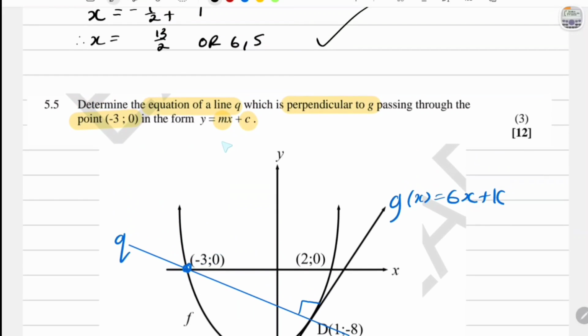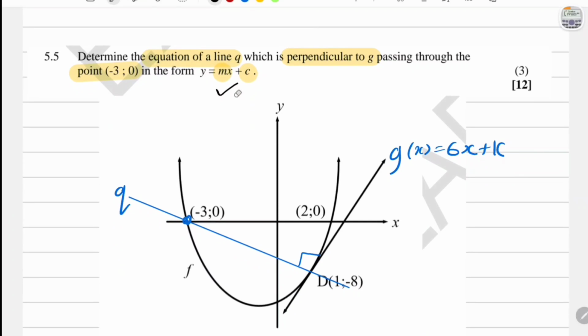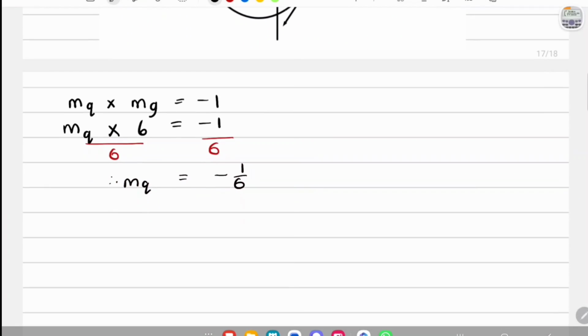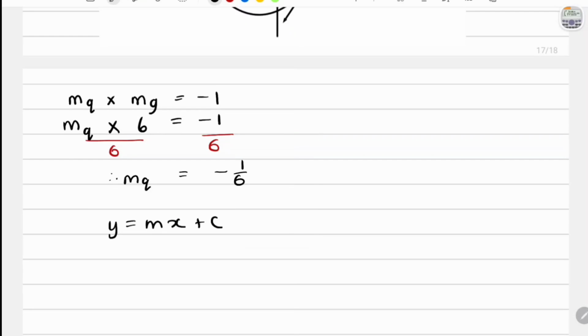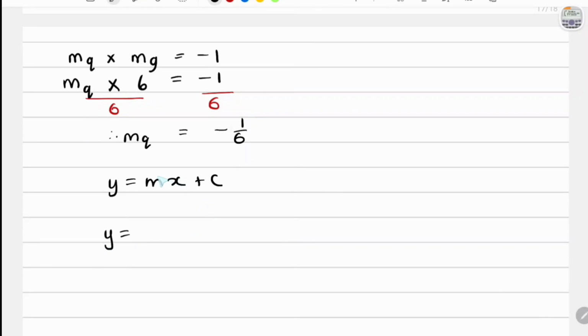Now that we have the gradient, we can focus on finding the y-intercept. So we can just use the equation of the straight line they gave us, y is equal to mx plus c. So y is equal to -1 over 6 x plus c.